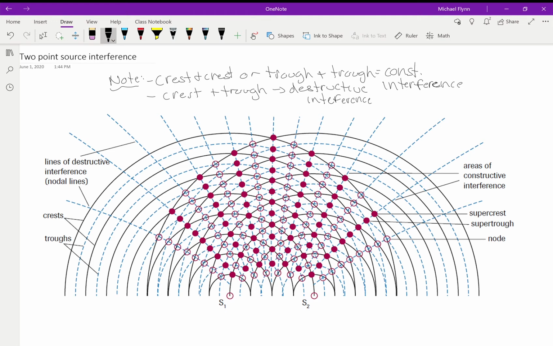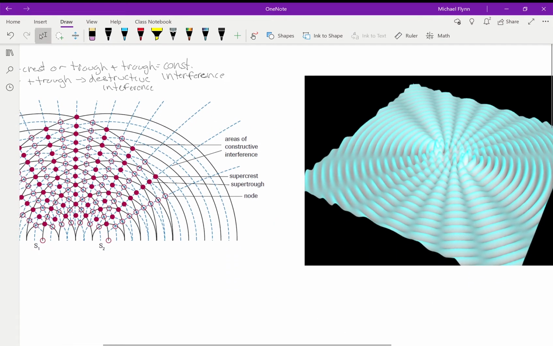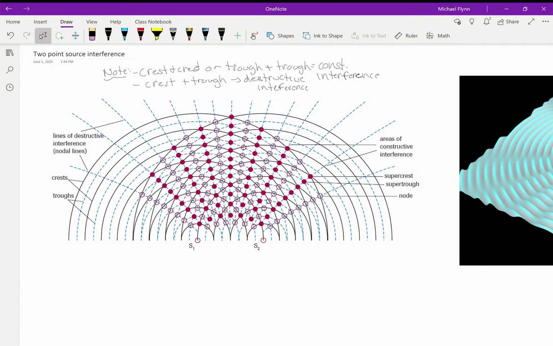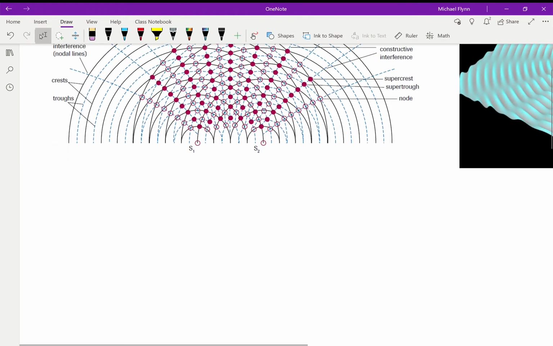Now, also, just a little note on waves. I don't have room there, so I'll do it down here. If you have a sinusoidal wave, with crests and troughs like this, we know that a wavelength is the distance between two crests, or the distance between two troughs.